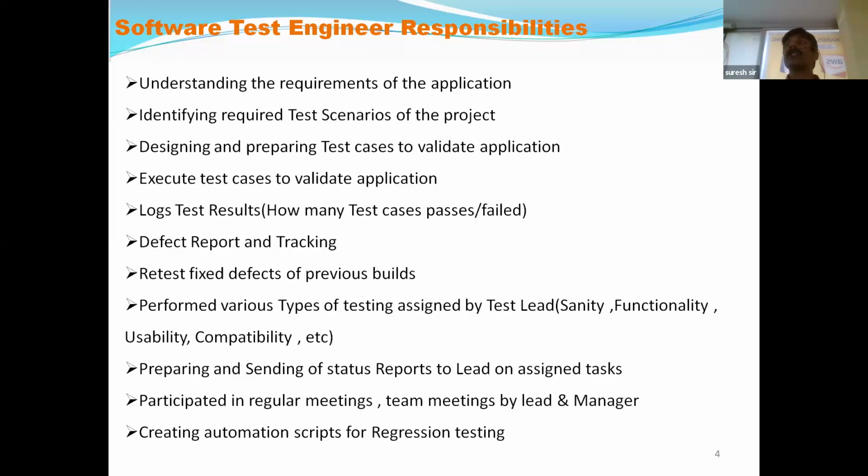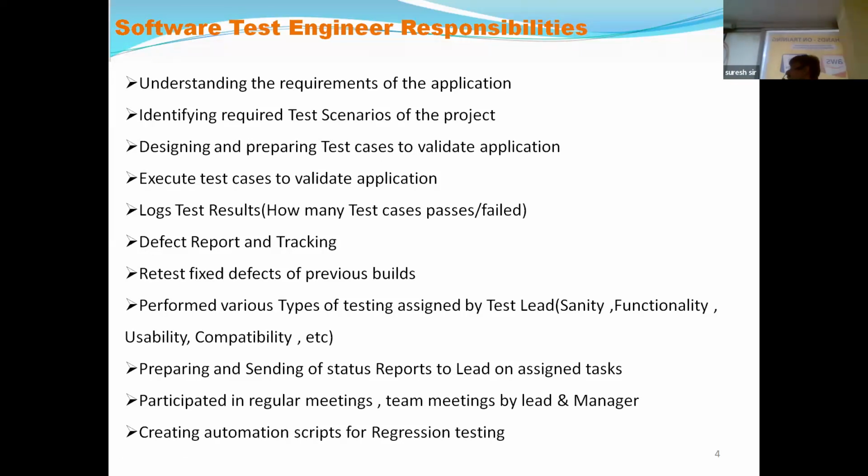Once the test cases are ready, we need to execute them. So, simply put, first we understand requirements, then we take care of scenarios, then test cases, and after that we continue with executing the test cases.